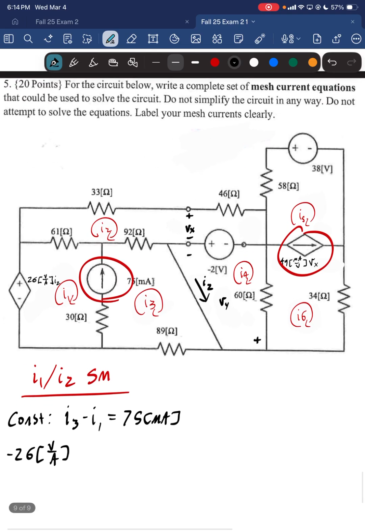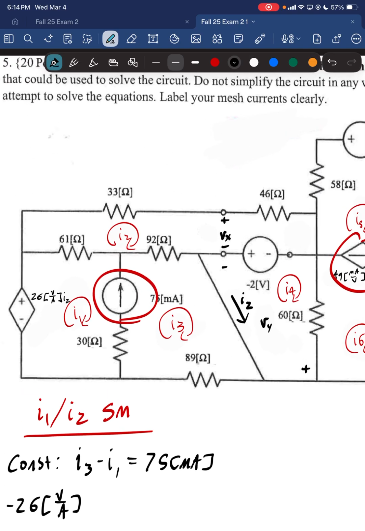So let's write out the KCL. Okay, so you have 75 entering, and then you have I1 entering, but it's a mesh current, right? So this current isn't just I1, it's I1 minus I2.